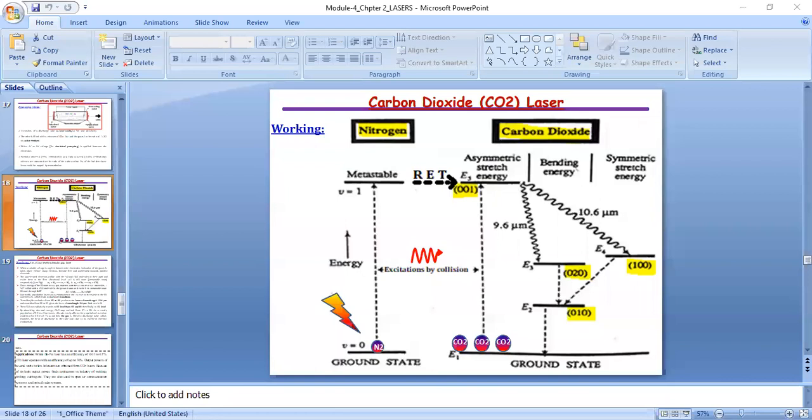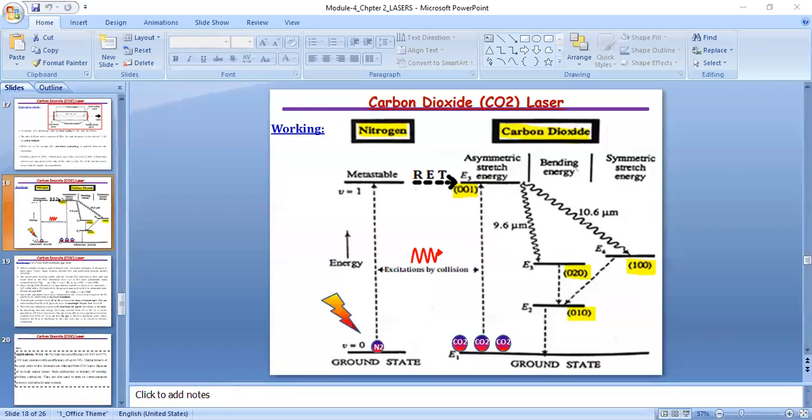Now these excited nitrogen molecules collide with the carbon dioxide molecules, and hence a few of the carbon dioxide molecules get excited to the asymmetric stretch energy level E5. Now you can see more carbon dioxide molecules are getting excited to the higher energy level.